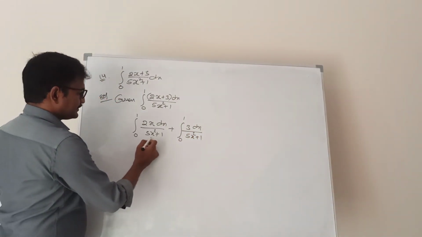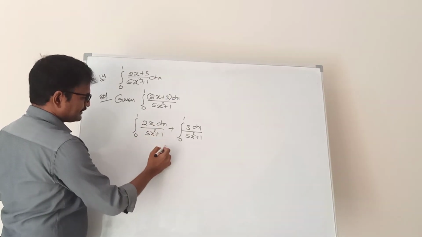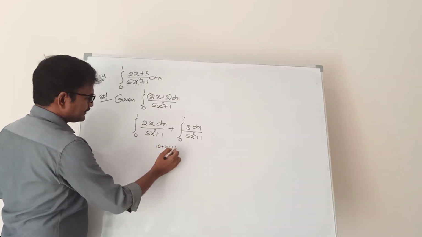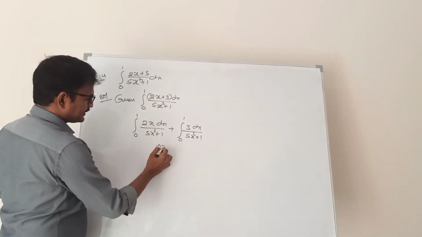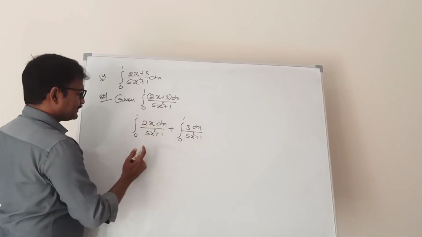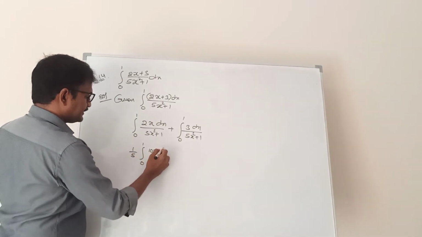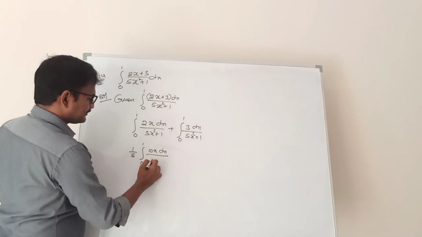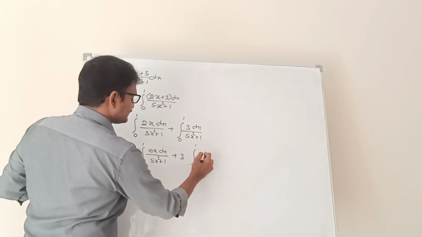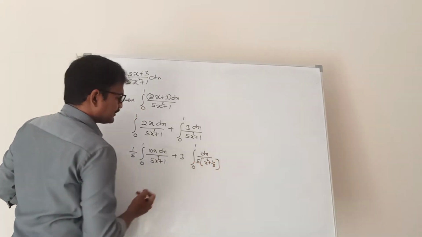Next, if you observe these two problems, numerator and denominator, 5x square derivative is 10x, and 1 derivative is 0, 10x plus 0. 10x we want in numerator but we have 2x only, that's why multiplying and dividing with 5, 1 by 5 into 0 to 1, 10x dx by 5x square plus 1 plus 3 into 0 to 1 dx by taking 5 common, x square plus you will get 1 by 5.